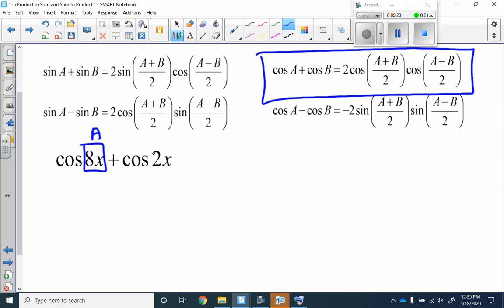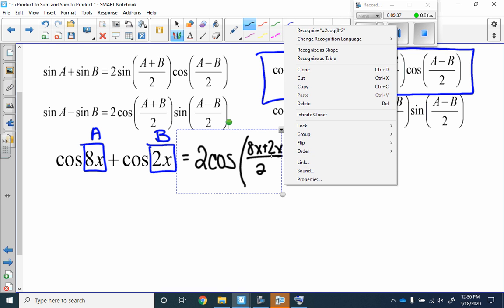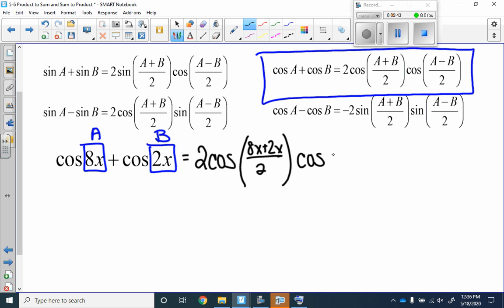Here's my A, and here's my B. So plugging things in, I have 2 times the cosine. I have A plus B, so 8x plus 2x, divide that by 2. Alright, there we go. And then we're going to multiply that by the cosine of 8x minus 2x, divide that by 2.